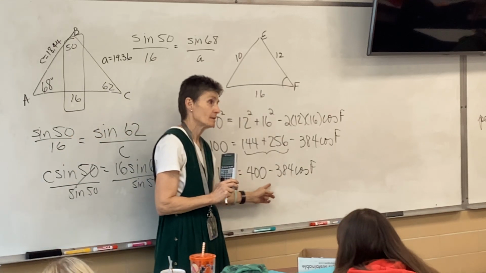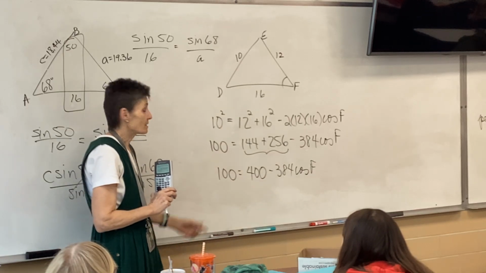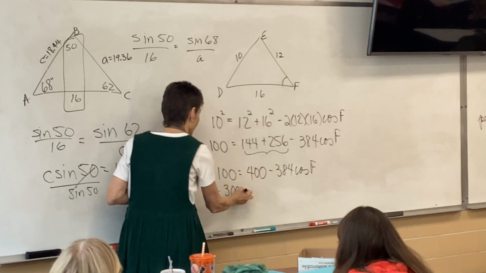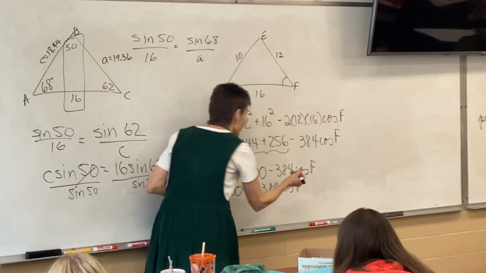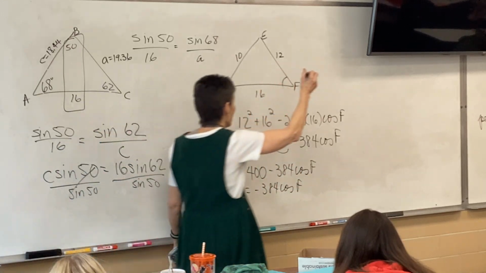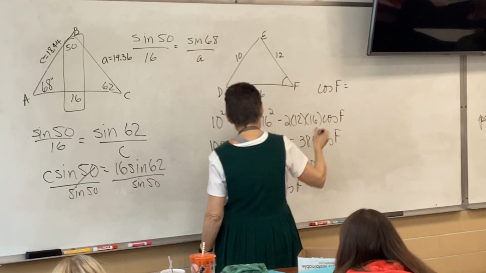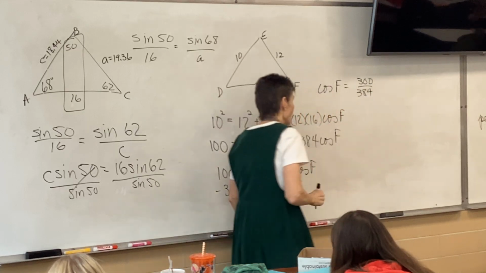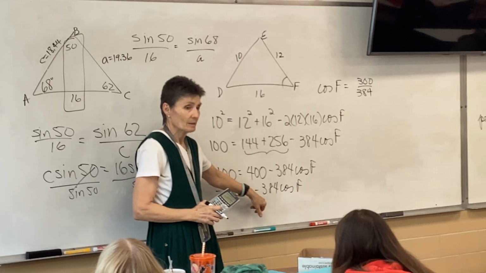They don't combine. So what do we have to do? Subtract 400? Yep, we're going to subtract 400. And then we will divide. So we're going to have cosine F equal to negative 300 over negative 384. Now notice it's a negative divided by a negative.